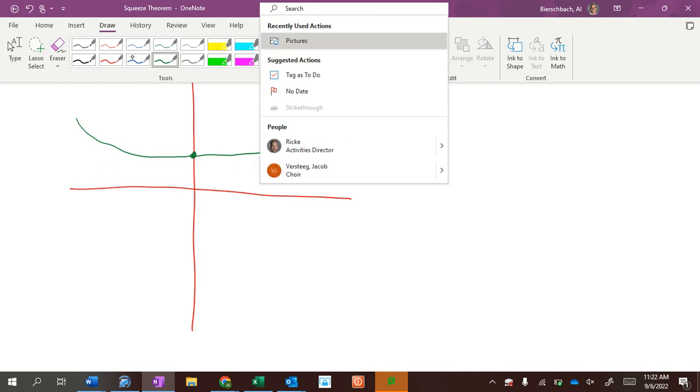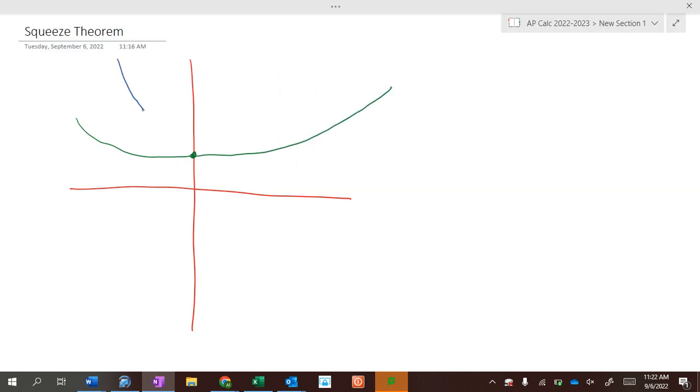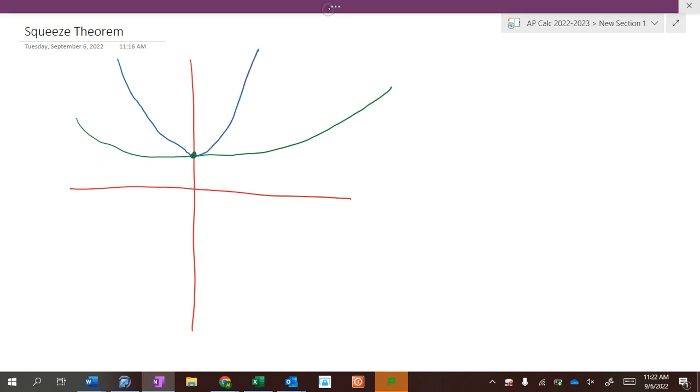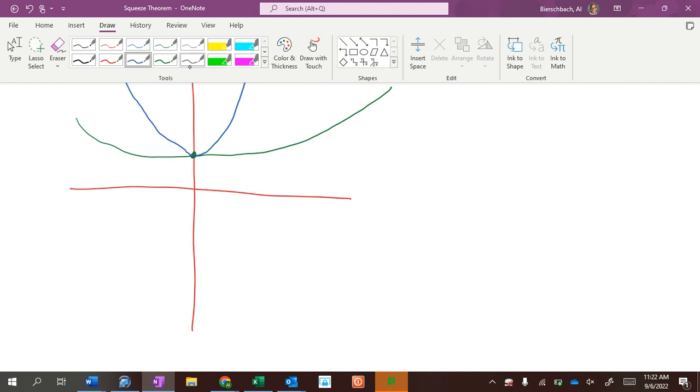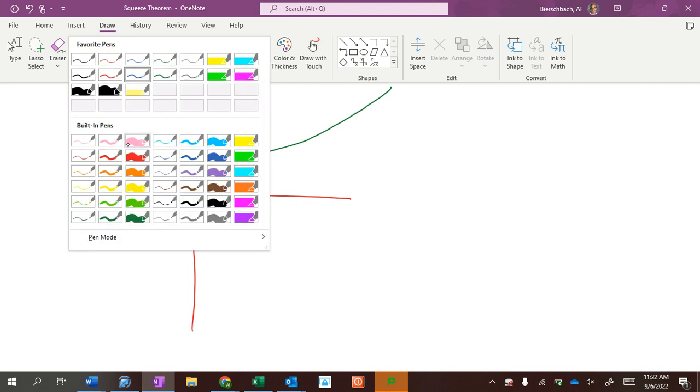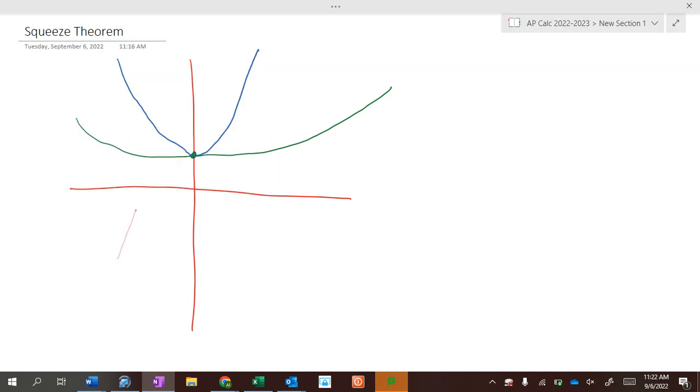If we have a function that is entirely above that function, and another function that is entirely below that function, who share a limit that intersects that function exactly, then whatever their shared limit is will also be the limit of the original function.